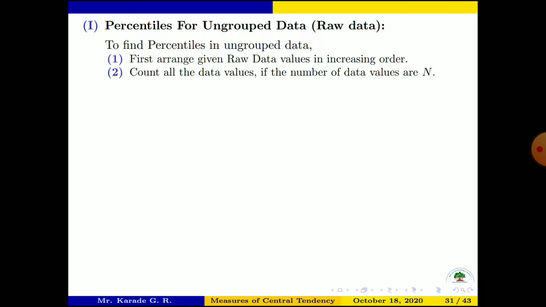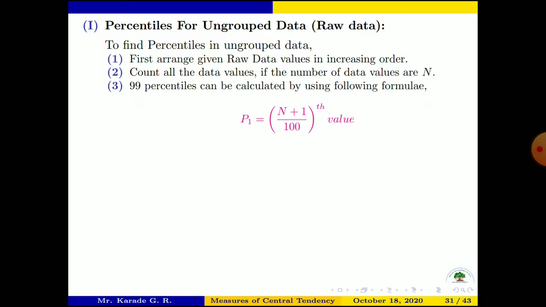Count all the data values; say the number of data values is n. Then 99 percentiles can be calculated. In all there are 99 percentiles, and all these percentiles can be calculated by using the following formulae.